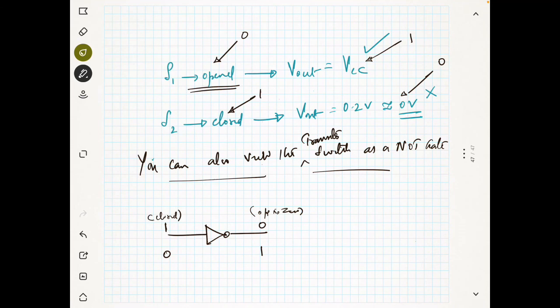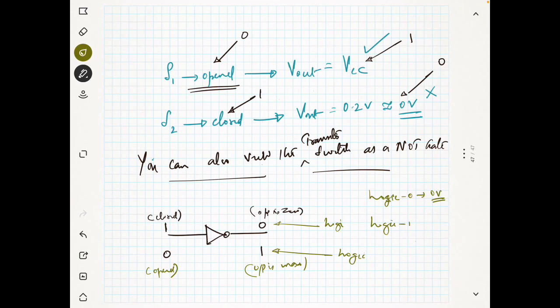Now here the switch is opened and the output is maximum. That means the output is 1, logic 1. So logic 0 means 0 volt, you can say, or 0.2 volt.